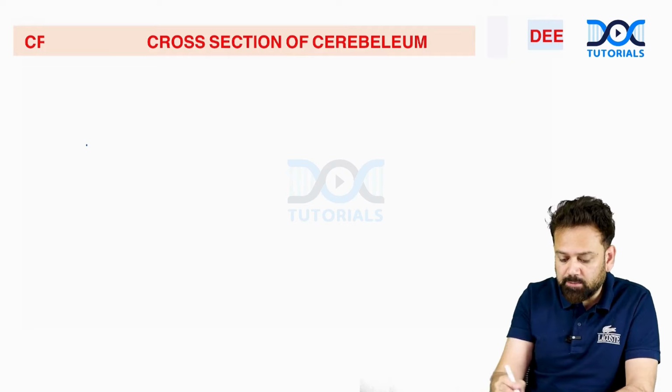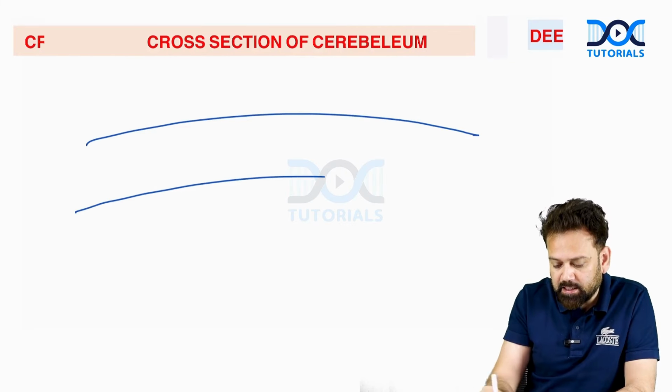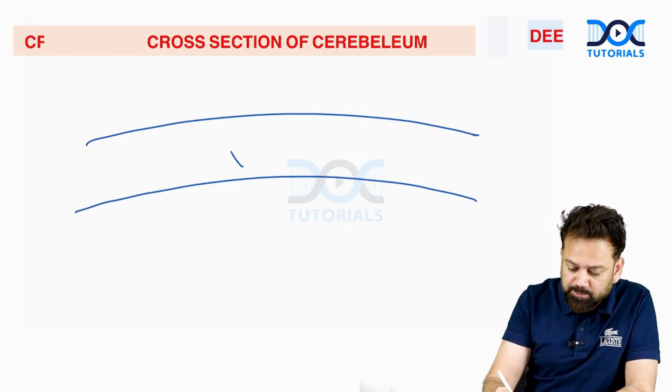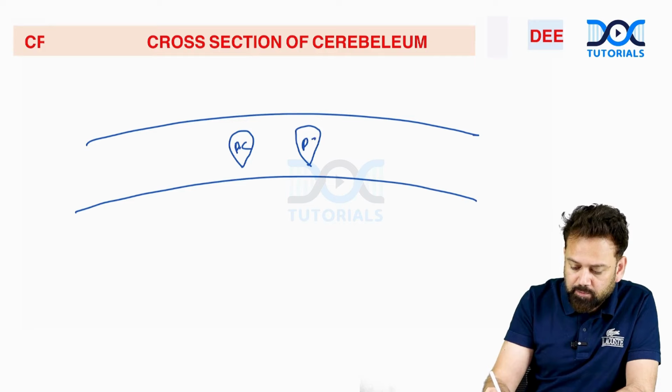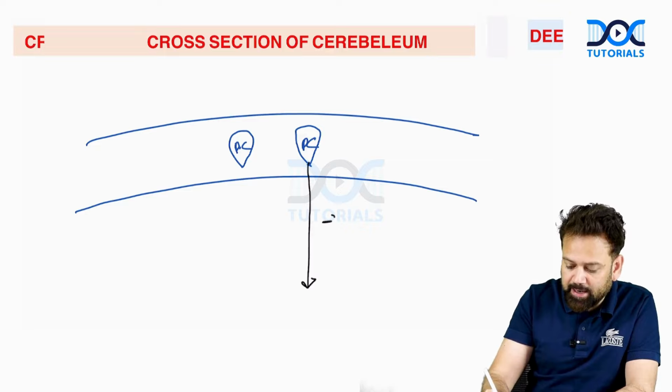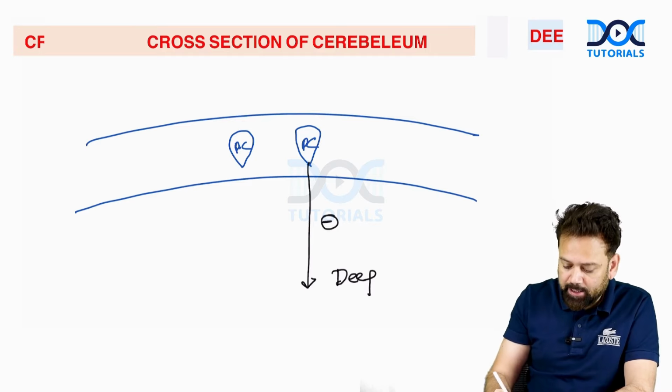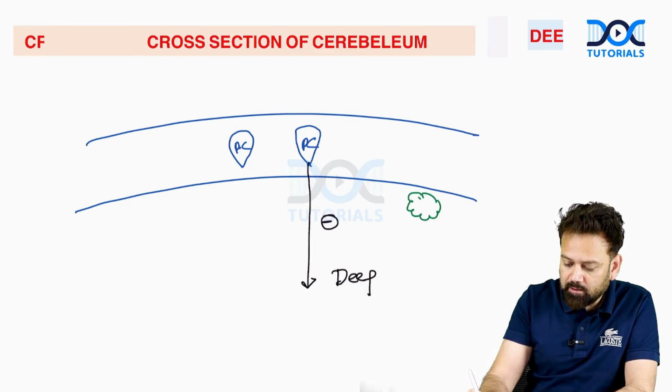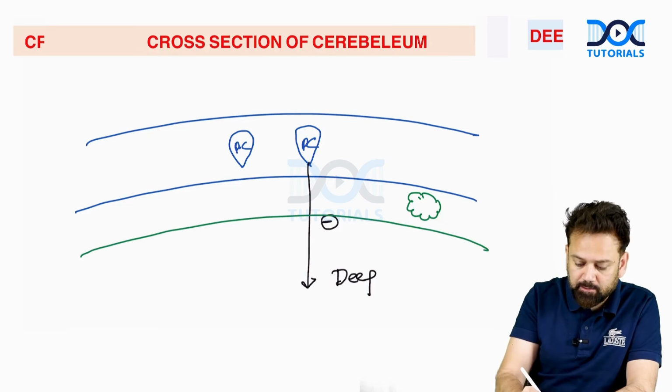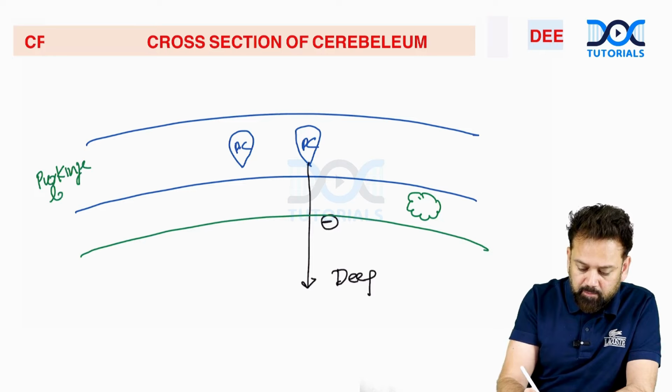Now, cross section of cerebellum. How many layers are there in the cerebellum? The layer which has Purkinje cells is called the Purkinje layer, and they cause inhibition. When I say black, it is inhibition to the deep nucleus. And the layer which has granular cells is called the granular layer.